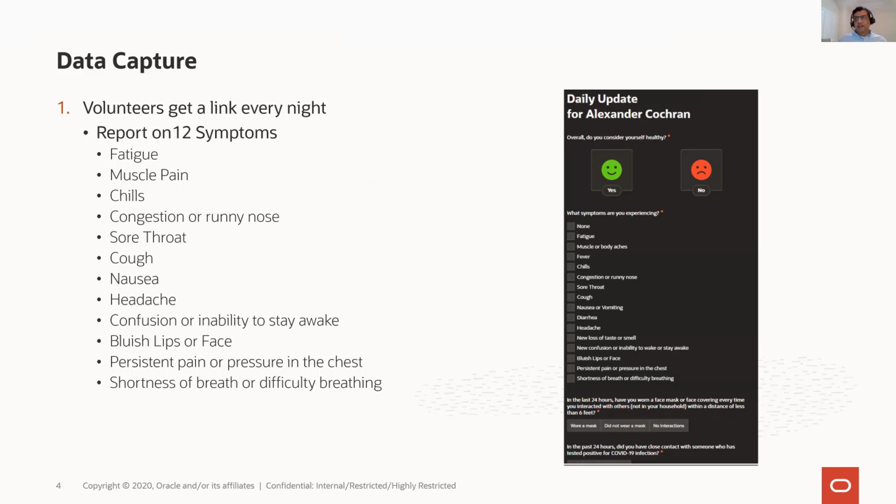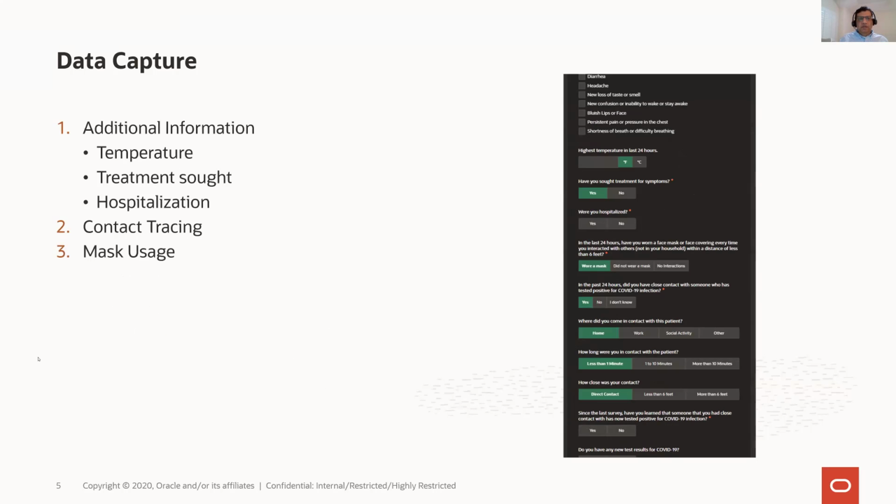So first of all, there's a set of symptoms which have been identified by CDC as possibly related to COVID. They basically check if any of the symptoms were experienced during the day. They also provide a few answers on other health parameters, any treatments, any hospitalizations, as well as exposure and contact with others having COVID.